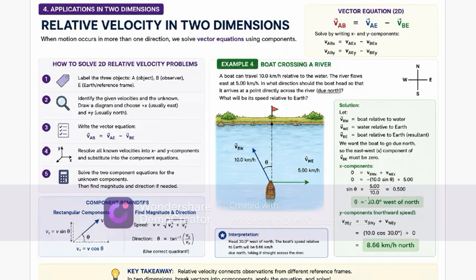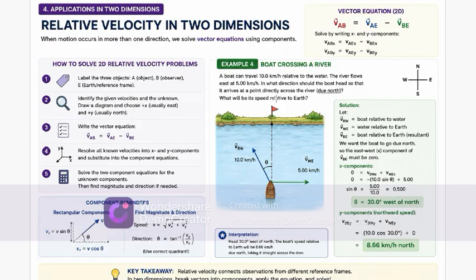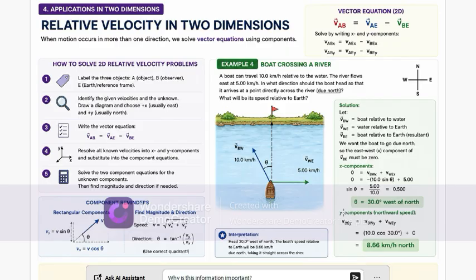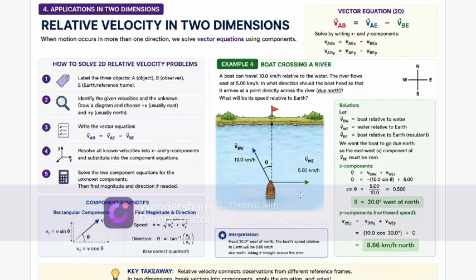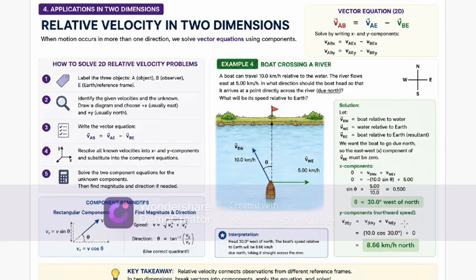So the theta that we find is 30 degrees west of north. What about the y components? The y component is going to help us find the speed relative to earth. VBE, boat relative to earth, is equal to VBW, boat relative to water, plus VWE, water relative to earth.